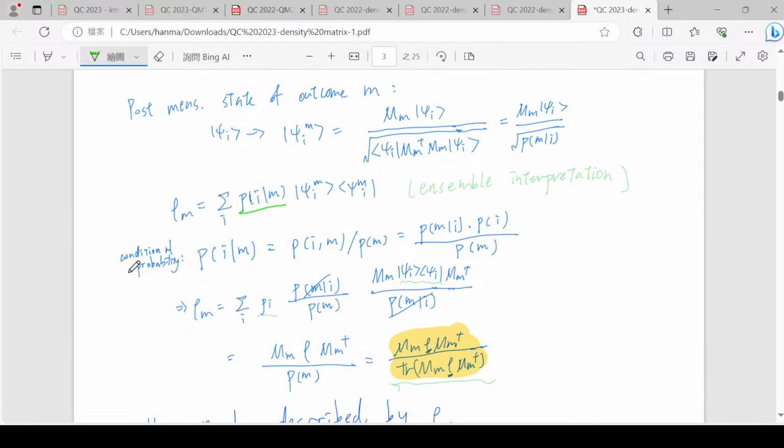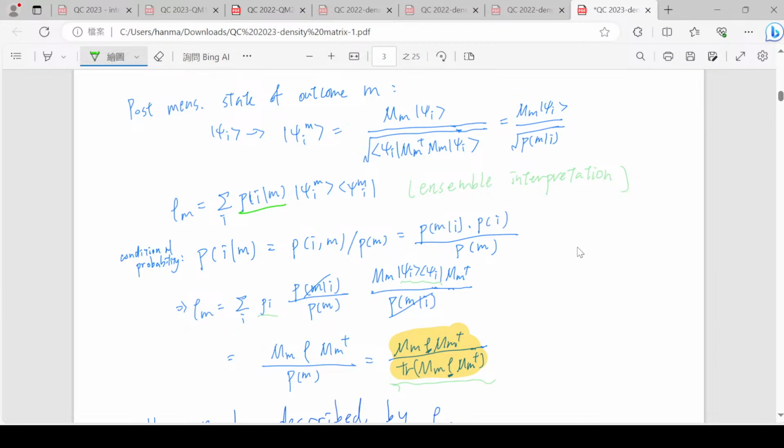And the outcome state is this thing. And so we do the conditional probability theory here. So conditional probability is the joint probability divided by the probability. Conditional probability of i given m is the joint probability divided by the probability of m.